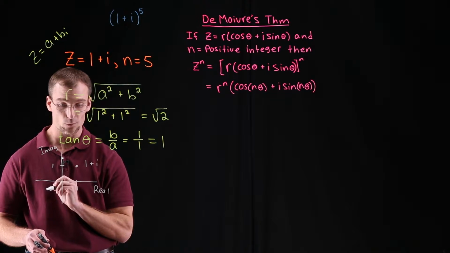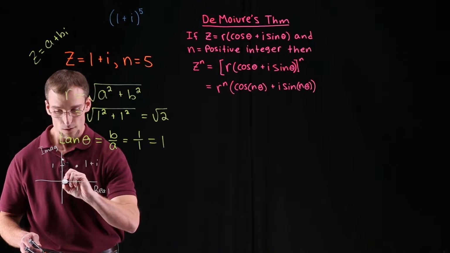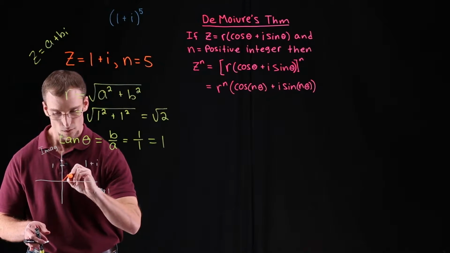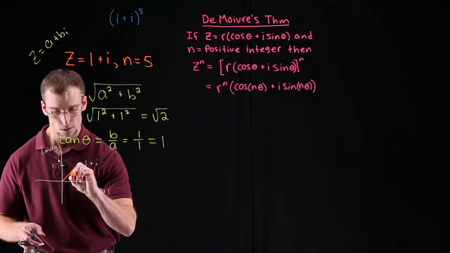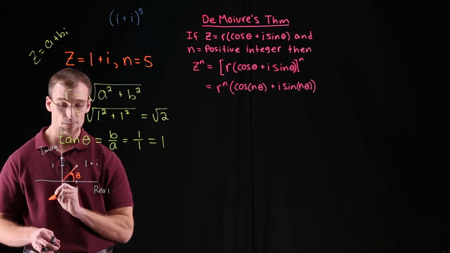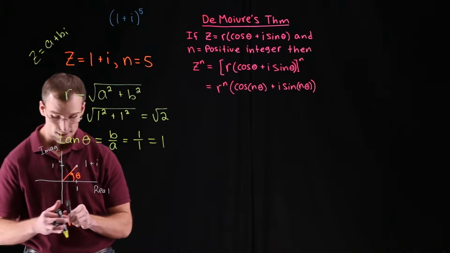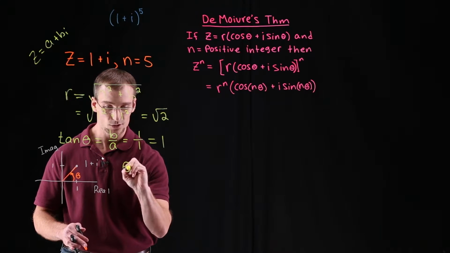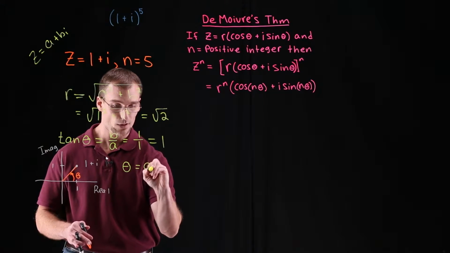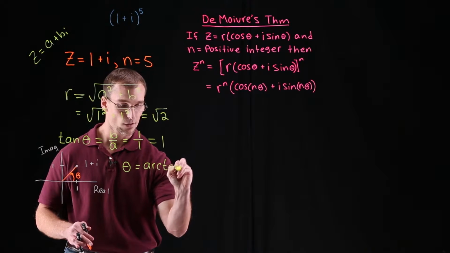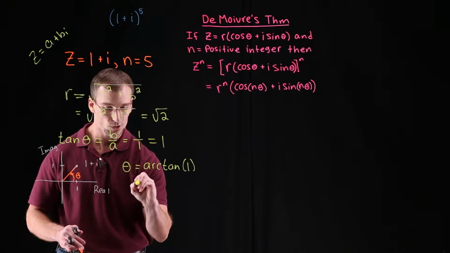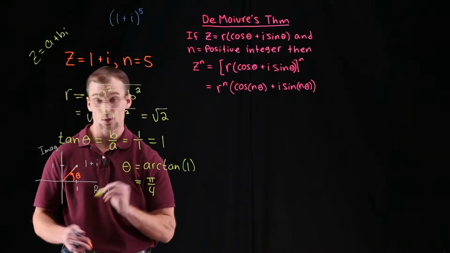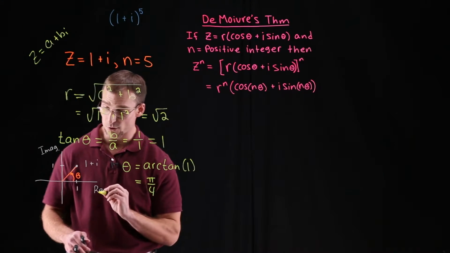So we get z, 1 plus i, and the angle theta made from the real axis is in the first quadrant. What that tells us is with tangent theta equal to 1, theta is equal to arctangent of 1, which gives us pi over 4. We could have gotten that just by looking at the picture anyway.